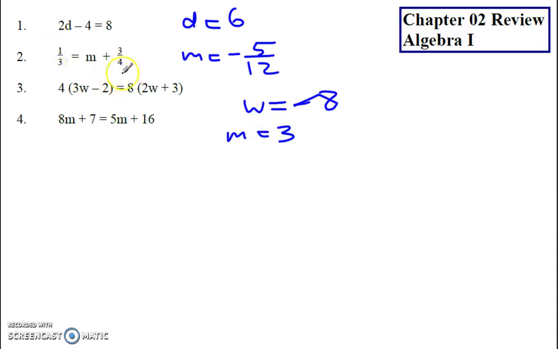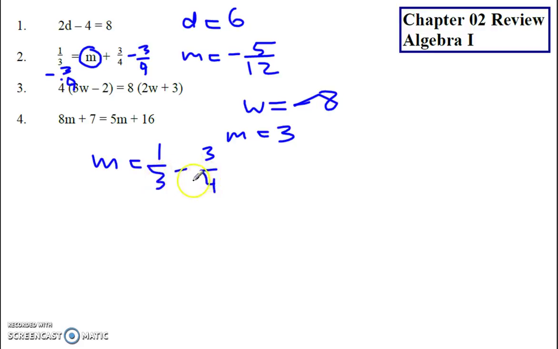Okay. Let's look at number 2. I know some of you are having problems with fractions. In order to get m by itself, I need to subtract 3/4 from each side. Minus 3/4 here and minus 3/4 there. So m is equal to 1/3 minus 3/4.